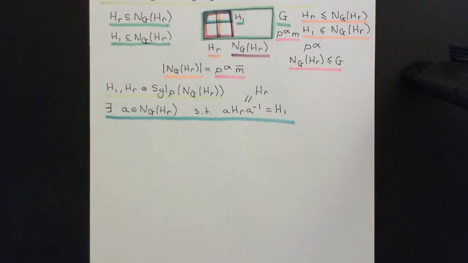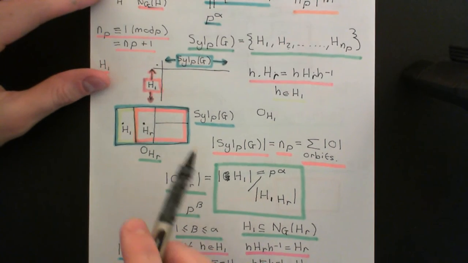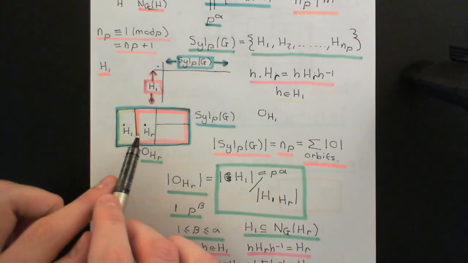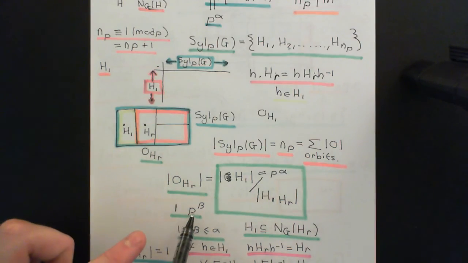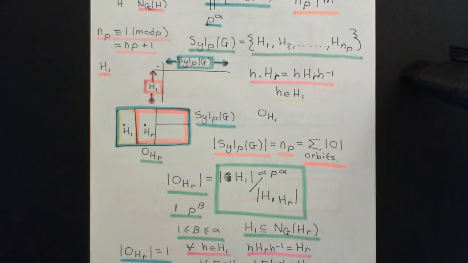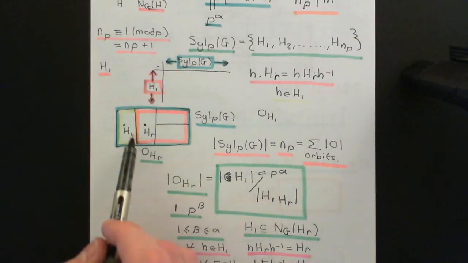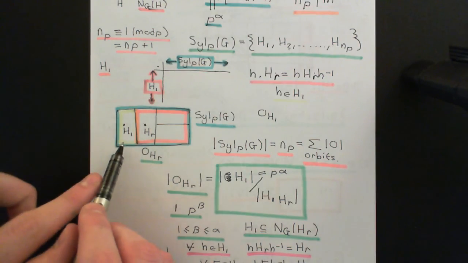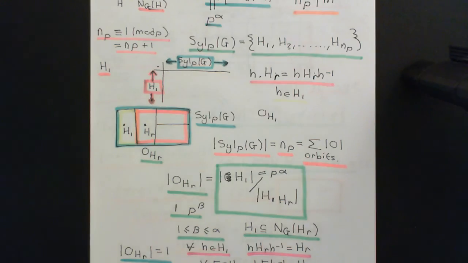Okay, right, so that now means, going all the way back, that we now know that this partition that we have of the set of all Sylow p subgroups of the group capital G will contain one orbit of size 1, and then all the other orbits must have some positive power of p as their order, and therefore when we add up these orders of all those other orbits in red here, we will get a multiple of p overall, and then we'll add this 1 onto it, and therefore the order of the set of all Sylow p subgroups of the group capital G must be some multiple of p plus 1, i.e. it must be congruent to 1 modulo p.